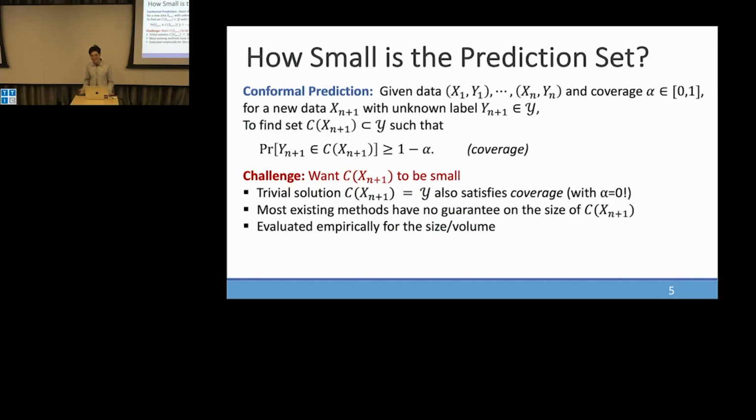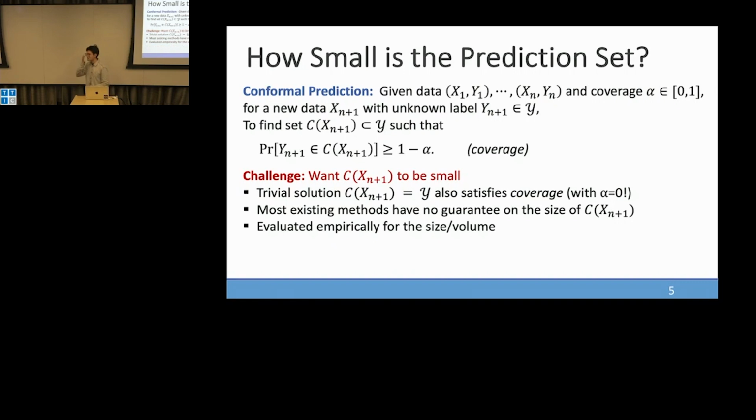It naturally satisfies the coverage, even with alpha equal to 0, the best coverage you can get. Most existing methods in the literature have no theoretical guarantees on the size of the prediction set they provide. They usually evaluate their results empirically, for example by evaluating the expected size or volume, where volume is the measure of the prediction set.